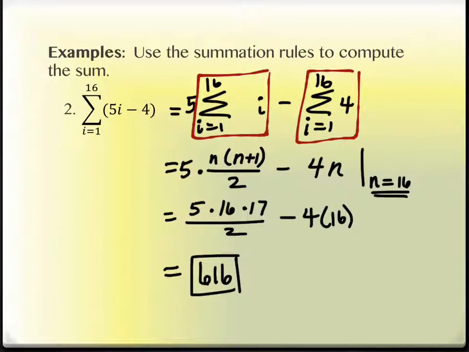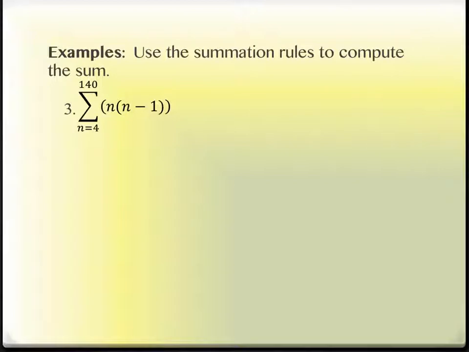All right, so on this one, if we wanted to check ourselves, we could write out the n equal 1 term and the n equal 2 term. We could write out all 16 terms, add them together, and verify that it really worked. But I'm telling you what, on this one, that is probably not in your best interest.